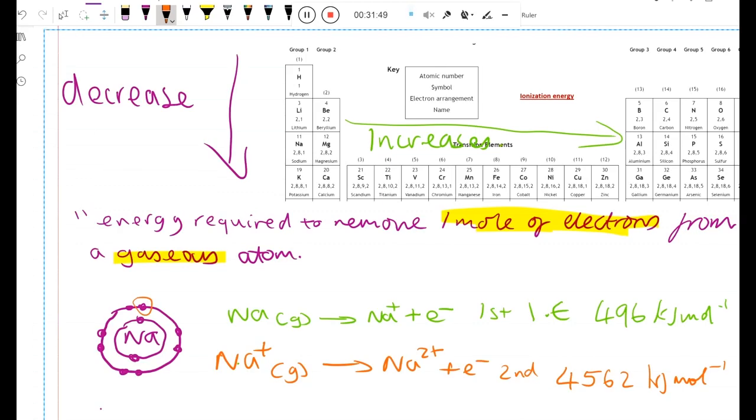The atom or the element would want to resist that as much as possible, and so that's why it takes so much energy to take that second electron away. It's also less shielded from the nuclear charge. It's more strongly attracted to the nuclear charge, and so it's going to take more energy to remove.